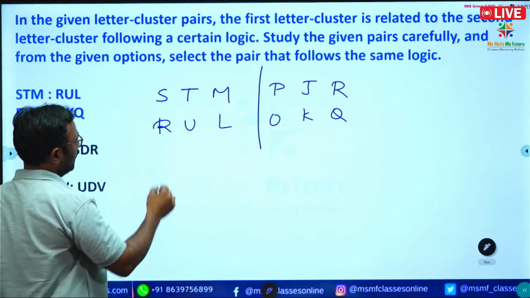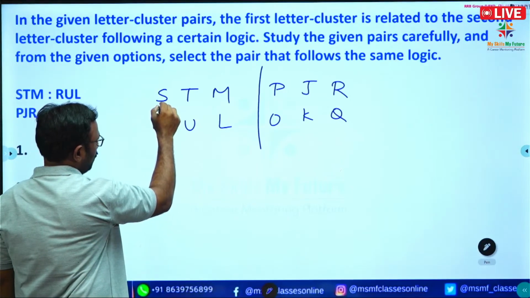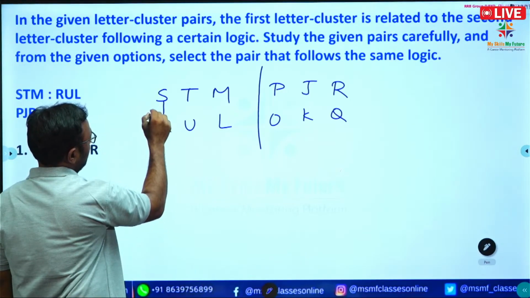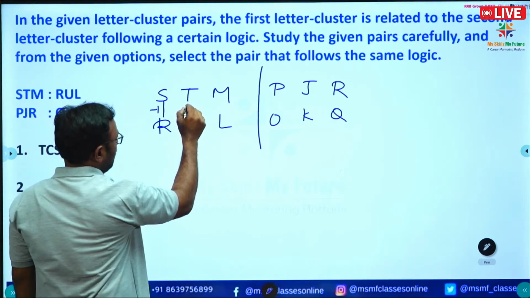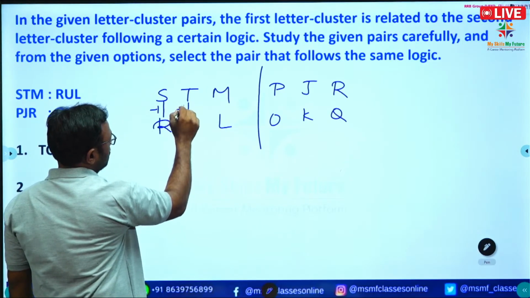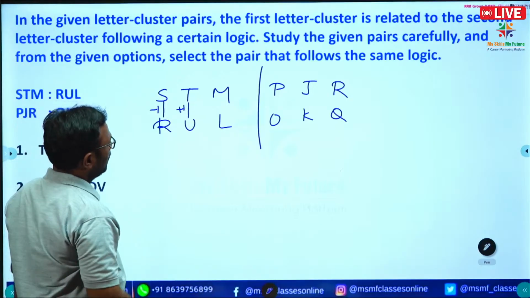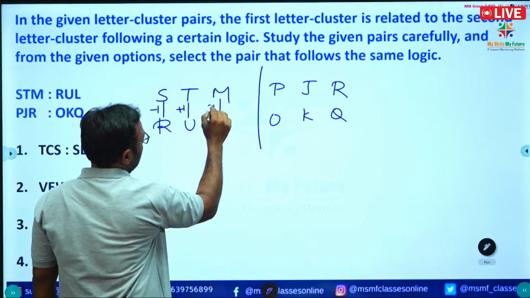Here P, Q, R, S, you are doing minus 1. S, T, U, you are doing plus 1. And L, M, here doing minus 1.